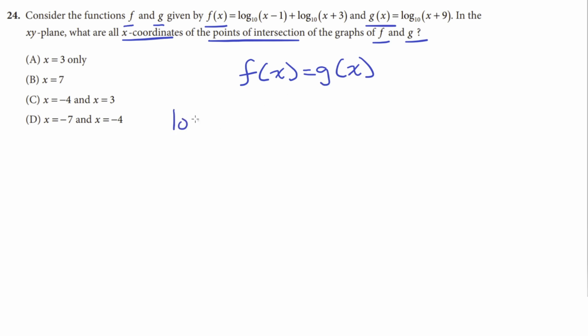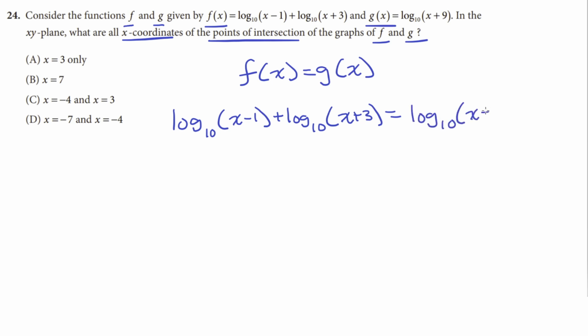So we can write that as log base 10 of (x minus 1) plus log base 10 of (x plus 3). This is f of x, and it's equal to g of x, log base 10 of (x plus 9).